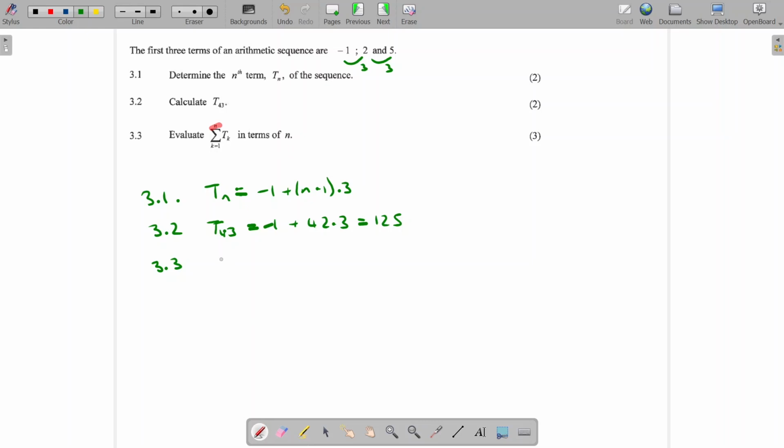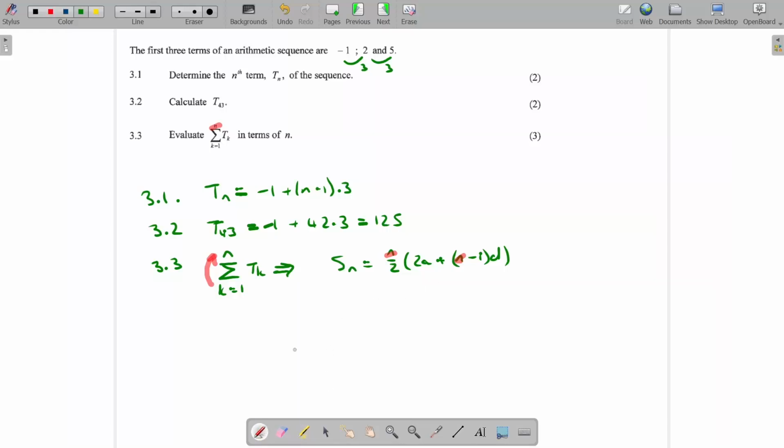So the sigma value of k equals 1 to n of tk in this case would be equal to, we've said we want to change it to the other notation, S of n equals n over 2 times 2a plus n minus 1 d. Because we don't know what the n value actually is, we're going to leave the n value behind.